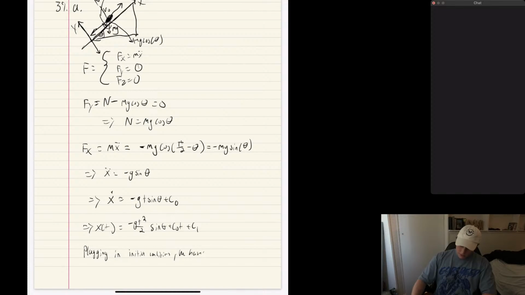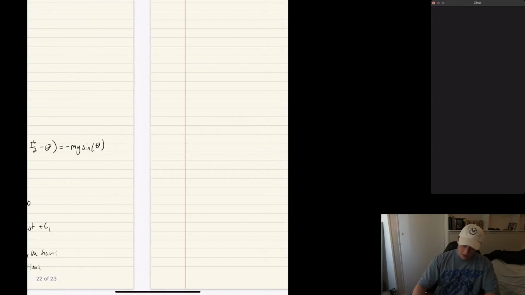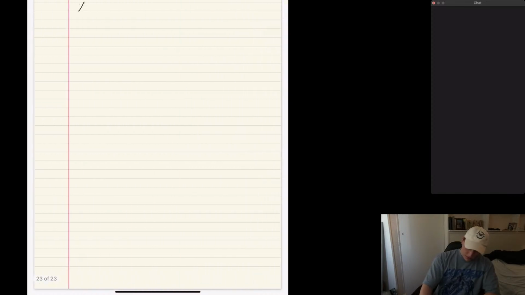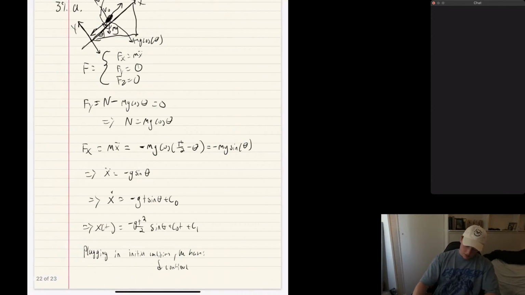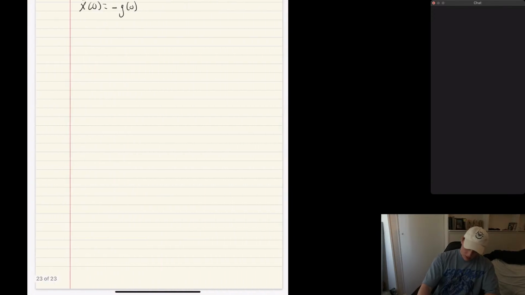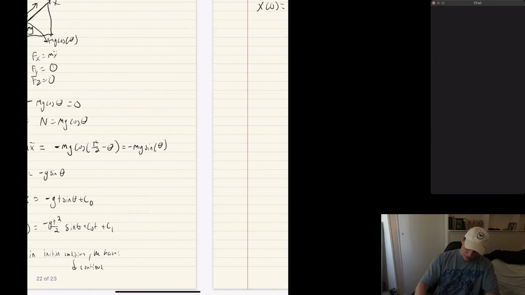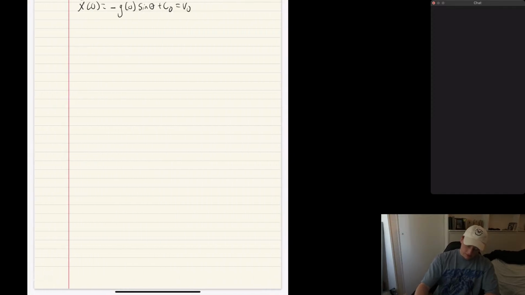We have, continued. So we have x dot of 0 is equal to negative g0 sine theta plus c0, and this is equal to v0.